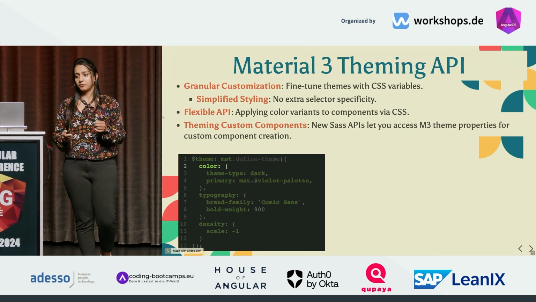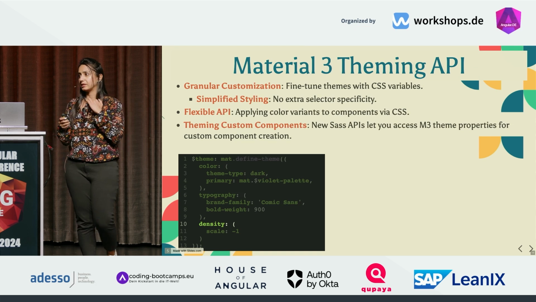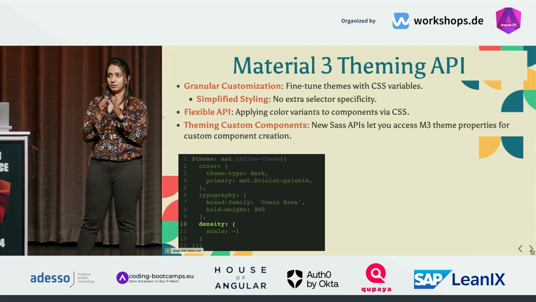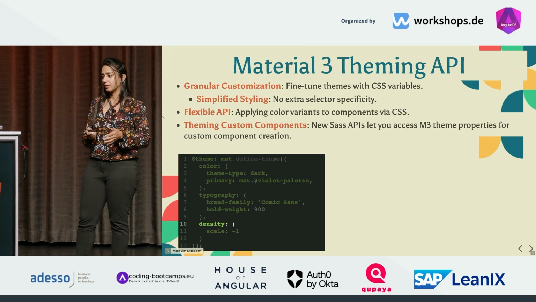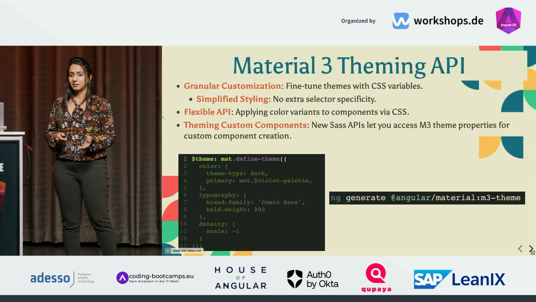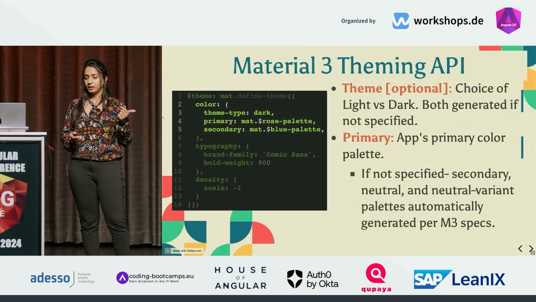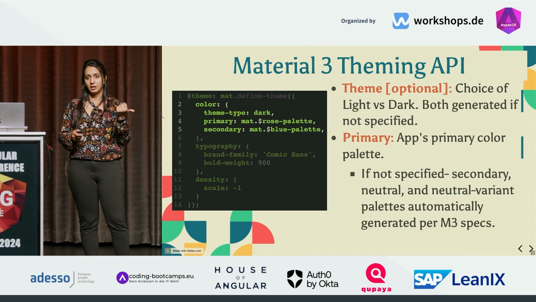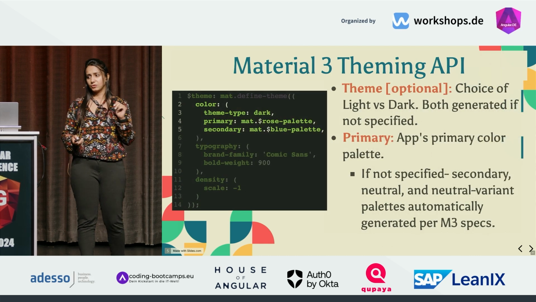So you can define the color, the typography, and the density, which, if you're not familiar, is just how compact or tight the components should look versus how spacious and big they should look. Or you could use a schematic, which makes it even easier to generate a theme. And like I said, the theme type is optional to pass. If you don't specify a type, it generates the Sass file for both. And primary color is the only color that you have to specify.